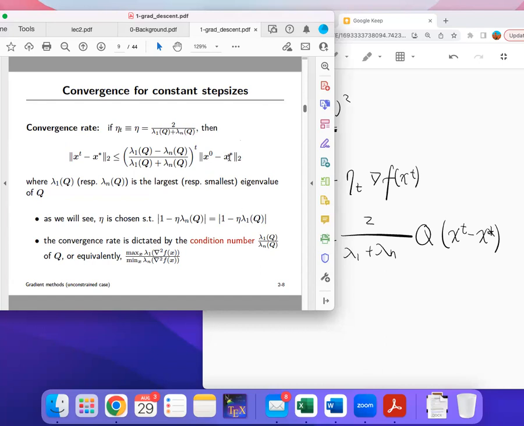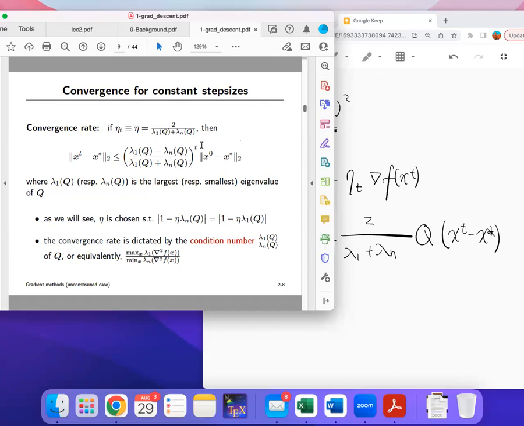Okay. So this is the theoretical convergence guarantee for this gradient descent algorithm applied to solve these quadratic functions with positive definite matrix Q. We will prove this very soon, right next. And we can see that, first of all, it converges very fast.